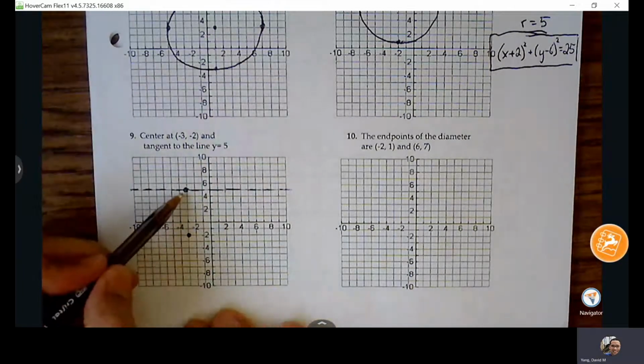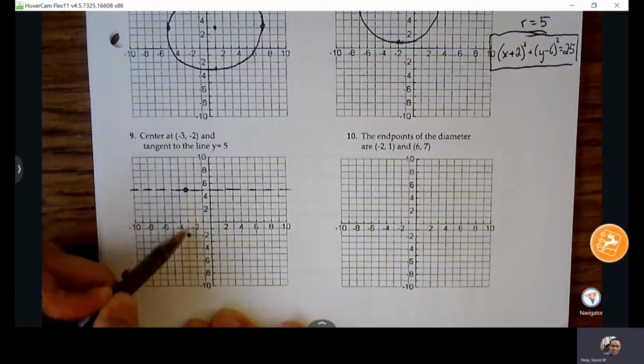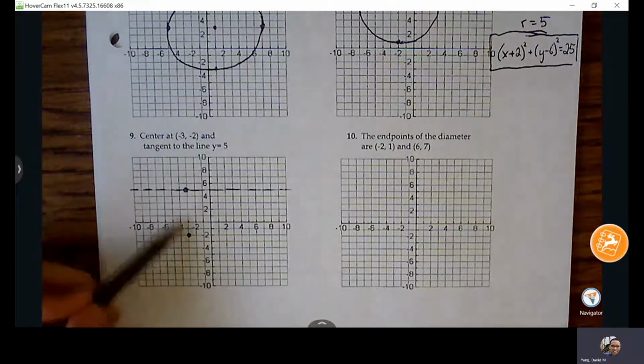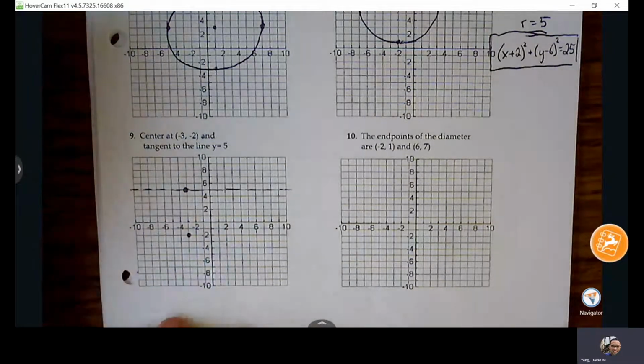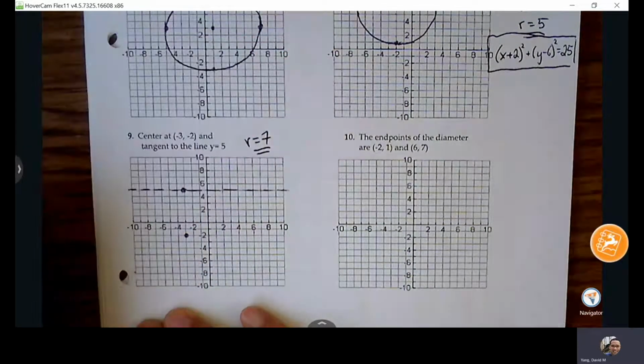And if we know where that point is in the center, then we know we can kind of count and just figure out what that radius is going to be, right? So how far is that? 7. So you know that your radius is 7.